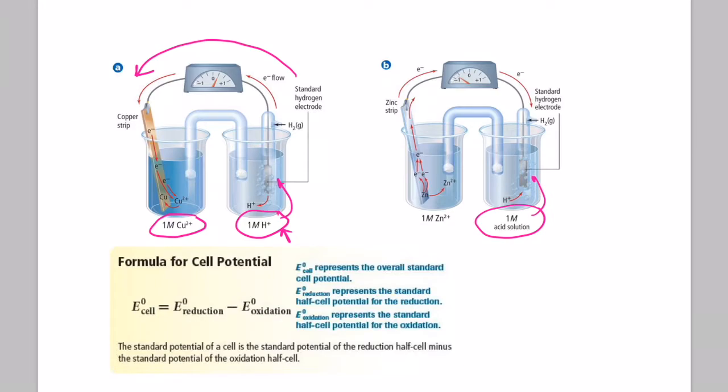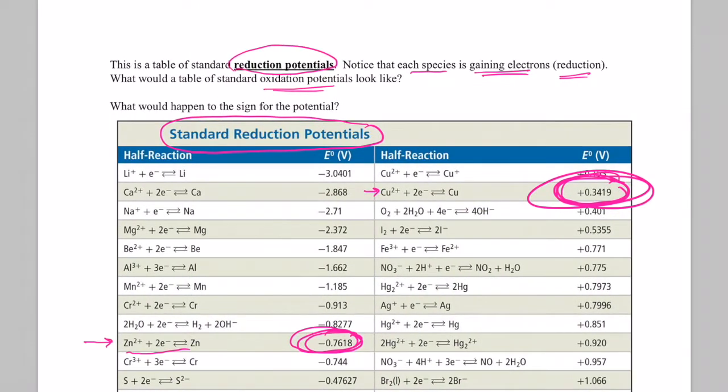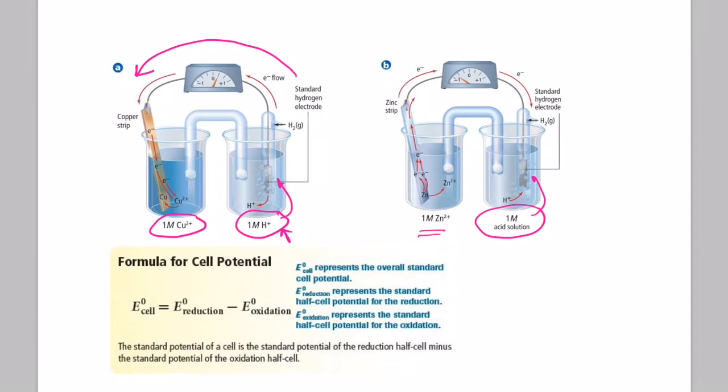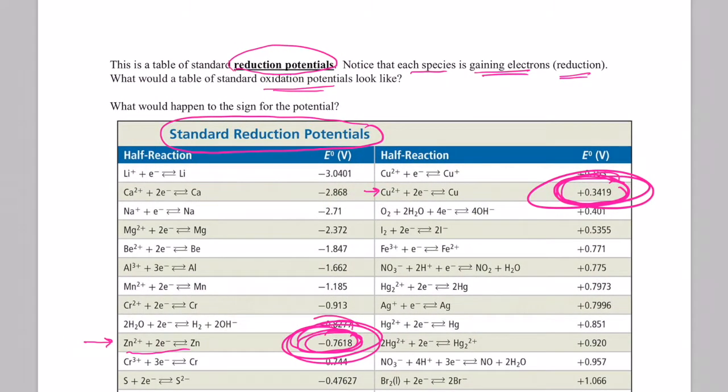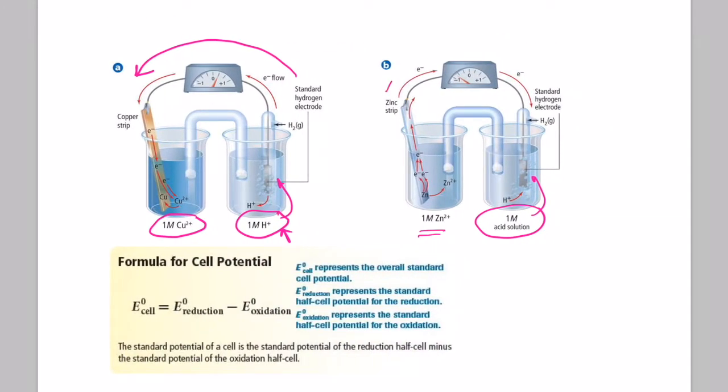On the other hand, zinc 2+, as you recall, has a negative reduction potential. So that means the hydrogen ions have a stronger reduction potential. 0.000 is higher than negative 0.762. So the electrons will flow from the zinc electrode towards the hydrogen electrode.